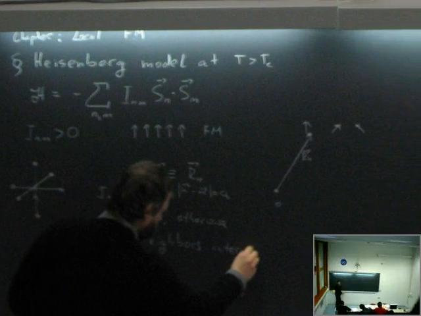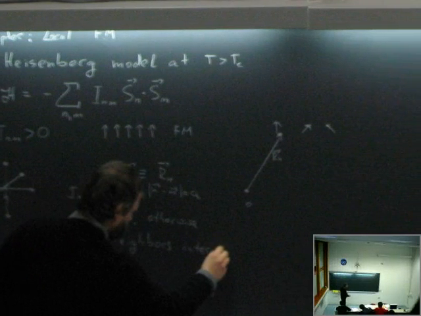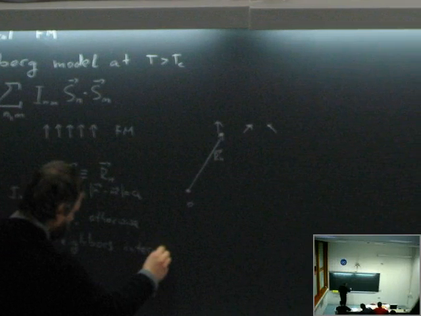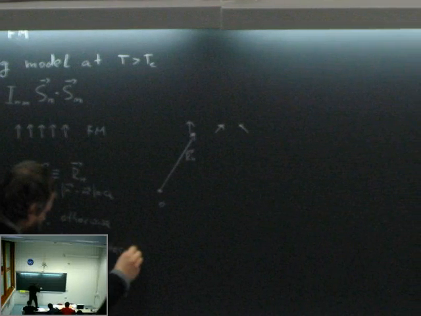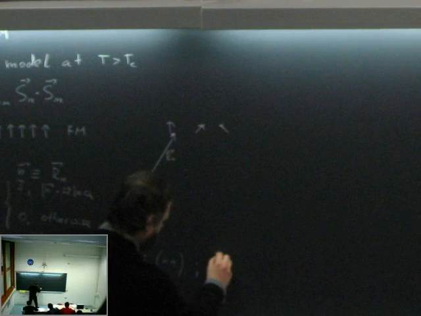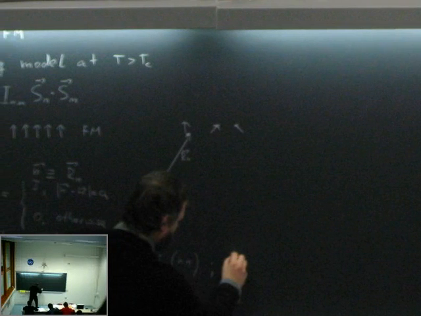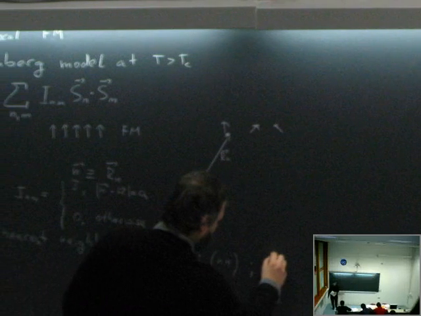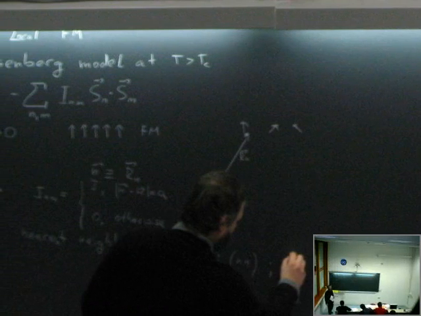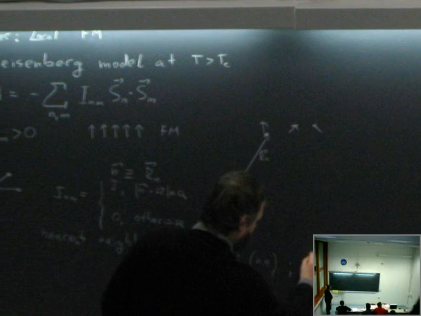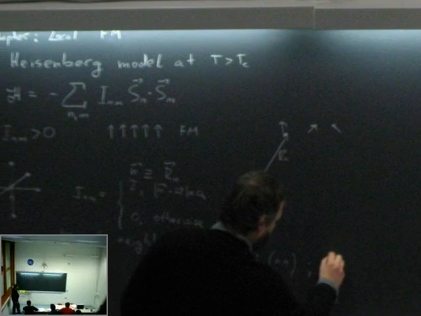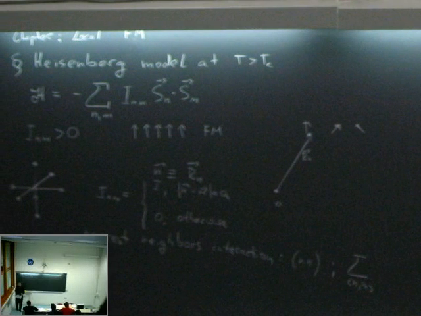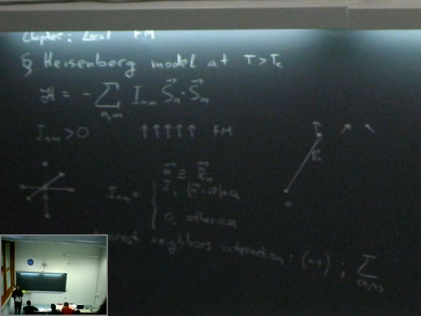Sometimes in the literature they are denoted as NN, or some people write nm in angle brackets. So this tells us that only nearest neighbors are assumed to interact. And for this example of a simple cubic lattice, you see that for any given spin, there are 6 nearest neighbors.